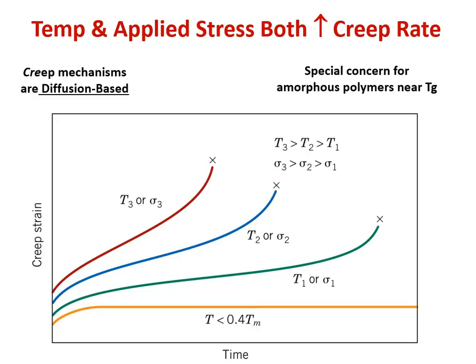We might be able to tolerate something that behaves according to the green curve, but we would want to avoid anything worse than that. The problem here is not simply that we will fail in a shorter time, but that we will have uncontrolled elongation or uncontrolled shape changes that could lead to failure that doesn't even require complete parting of the material we're considering.